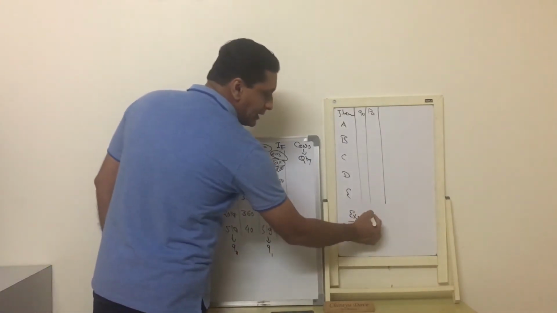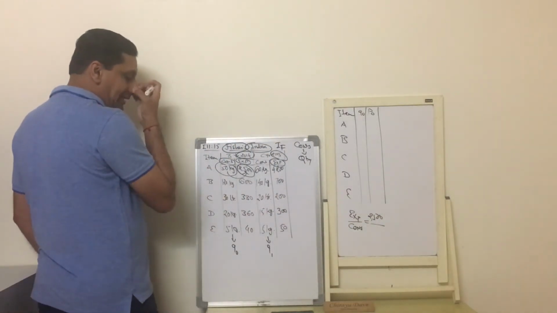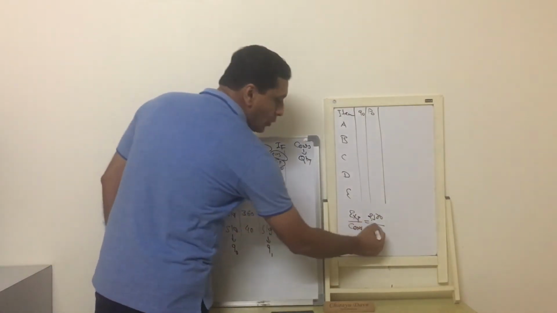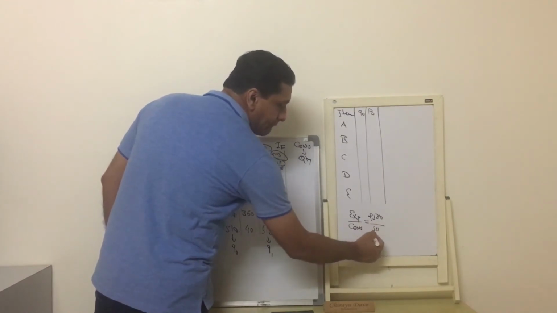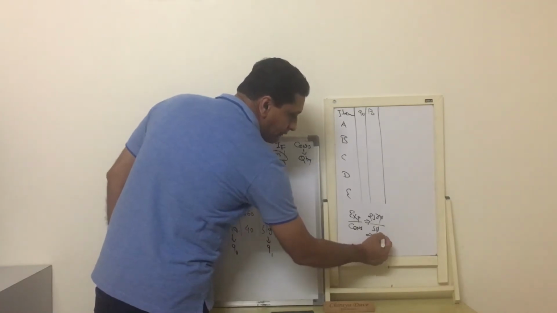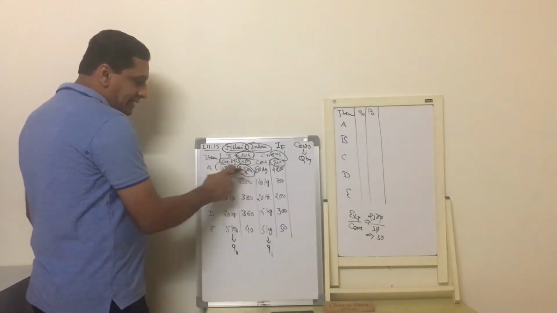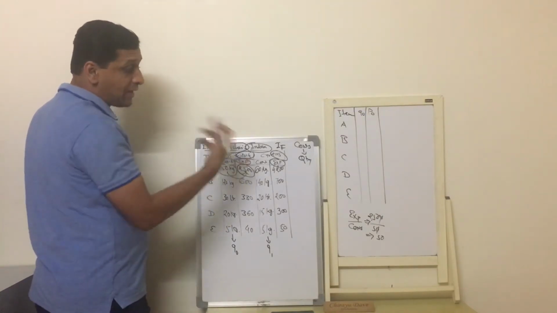The expenditure a person is paying is 2500, and how much they are buying is 50 kg. So 2500 divided by 50 will give you the price of 1 unit.